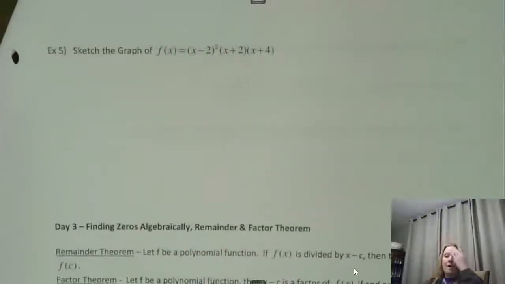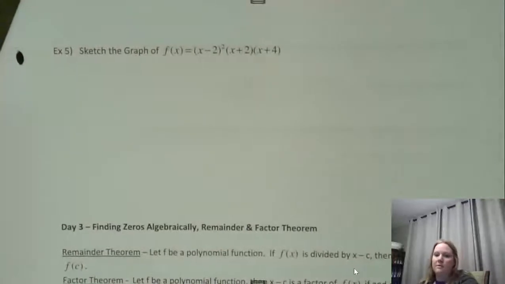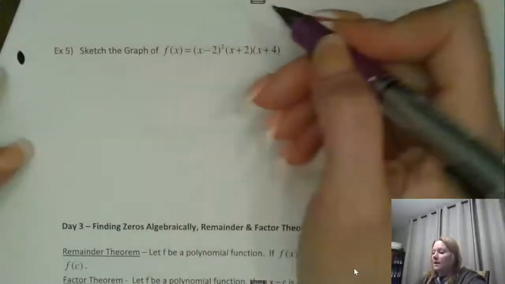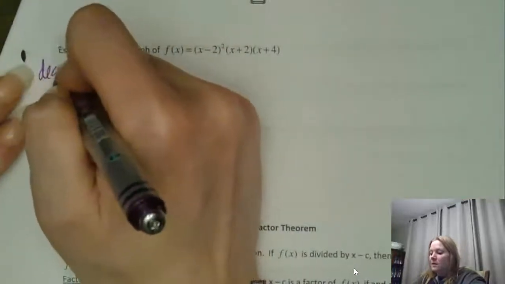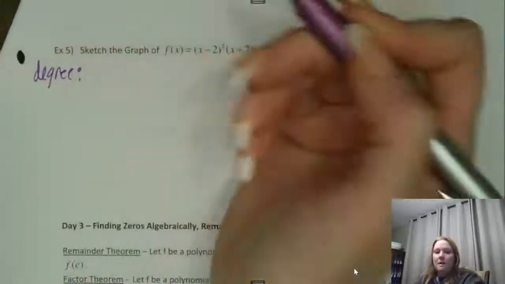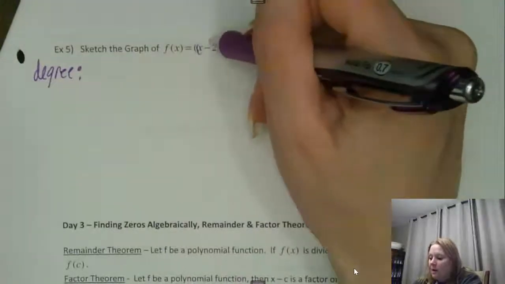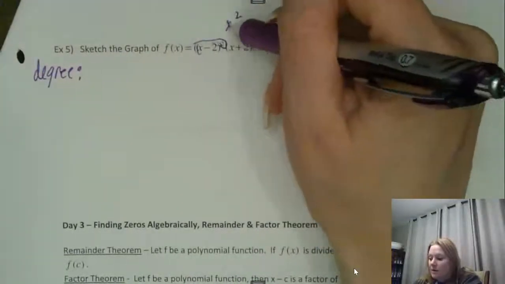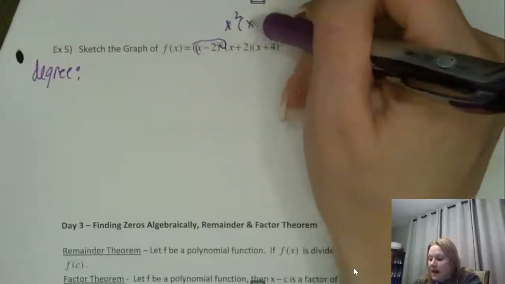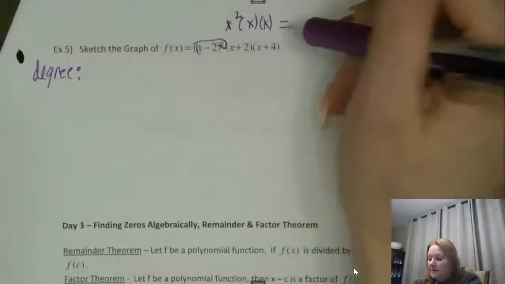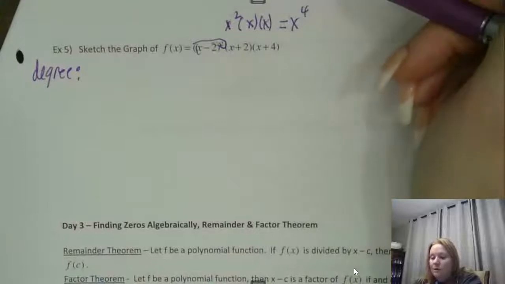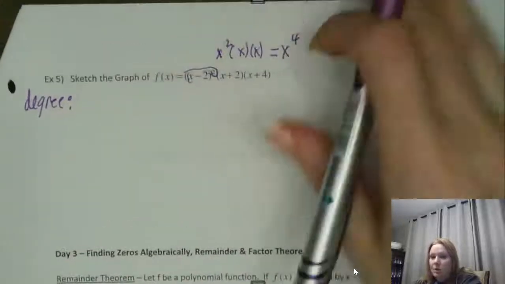And this goes back to what we did on day 1. Sketch the graph of, and they give you this equation. So what I would want to think about, first and foremost, what is the degree of this polynomial? Well, if I expanded this out, that would be an x squared times an x times an x, which would be an x to the 4th, would be my leading term.